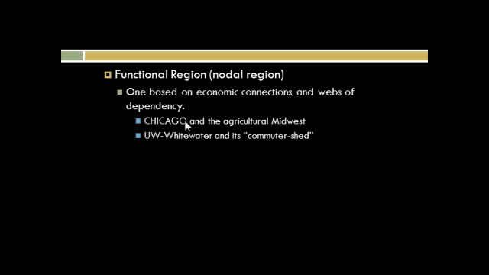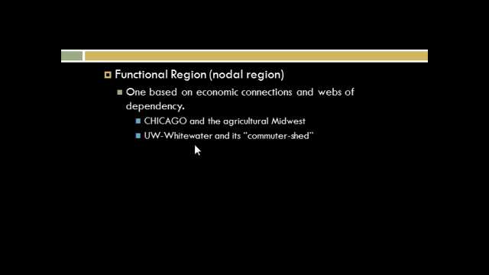So one way of looking at it then is that Chicago is the capital or the node of a region called the American Midwest. And in this case, what defines the region is not necessarily internal homogeneity, but instead these kind of invisible webs of economic connections.